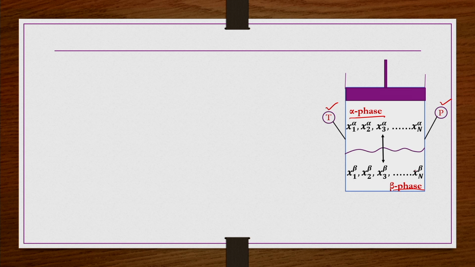Within this closed system we have two phases, alpha and beta, and there exists an equilibrium between these two phases, and once the equilibrium has been established, the equilibrium compositions are given as x1 alpha, x2 alpha, x3 alpha and so on up to xn alpha, as there are n components. These are in equilibrium with x1 beta, x2 beta, x3 beta, up to xn beta. So, there is an equilibrium, right.